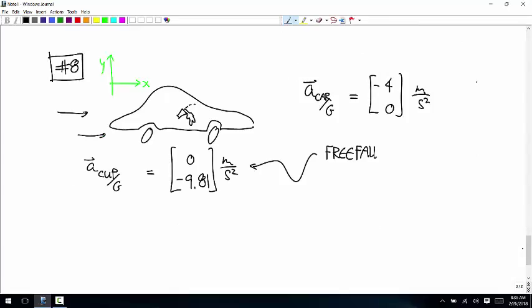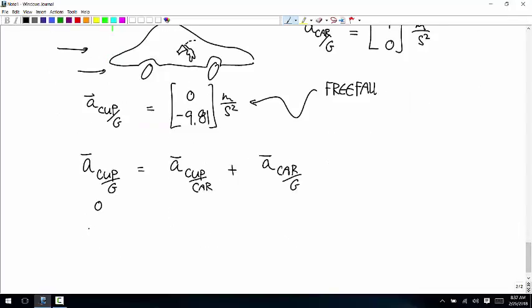And so the first question is, what's the acceleration of the cup that's observed inside the car. So we'll set that up as a relative motion equation. Acceleration of the cup relative to the ground is the acceleration of the cup relative to the car plus the acceleration of the car relative to the ground.